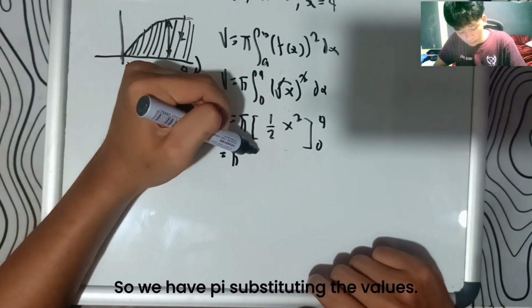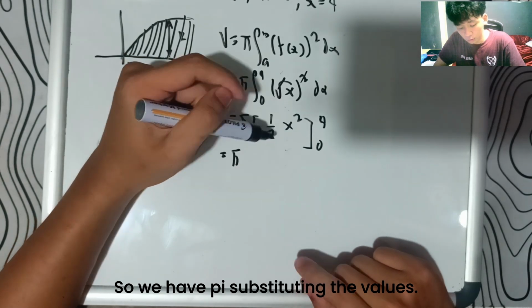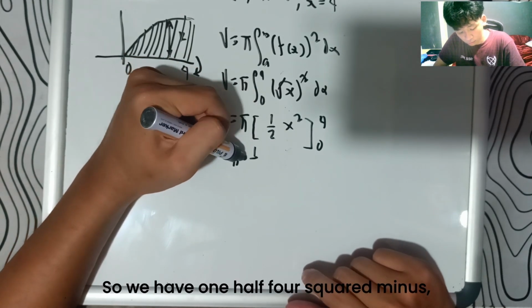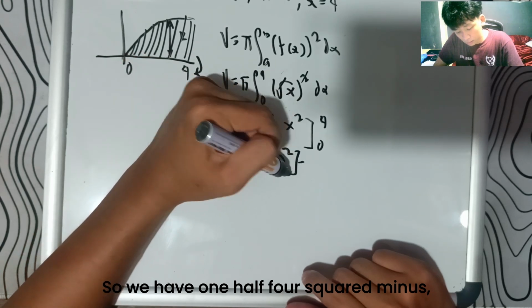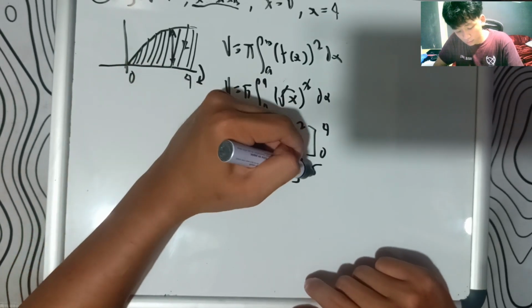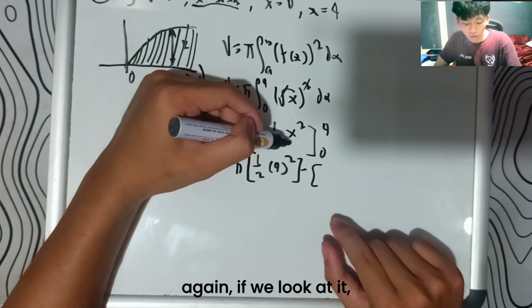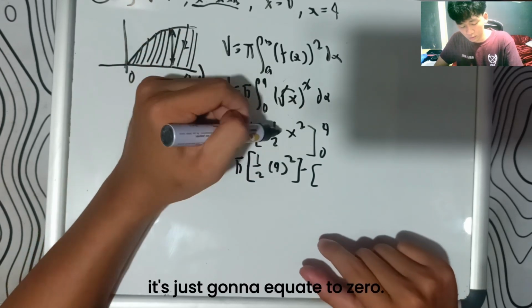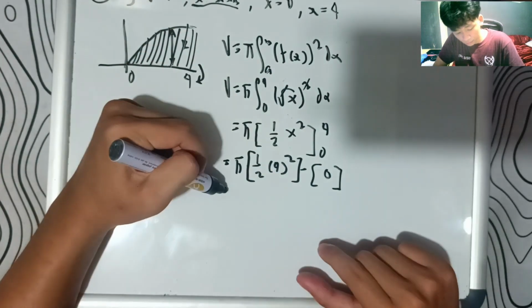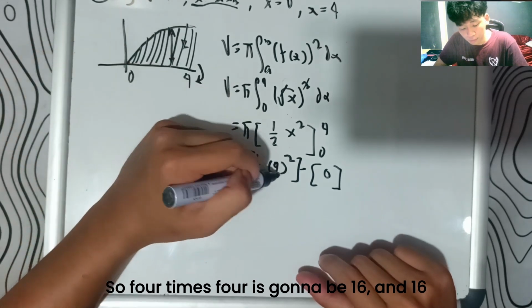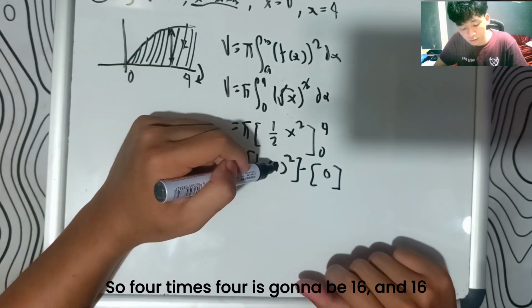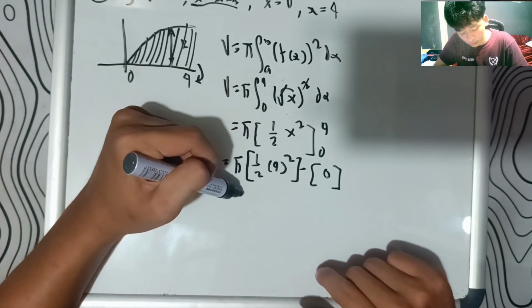So we have pi, substituting the values, 1/2 times 4 squared minus, again, if we replace this with 0, it's just going to equate to 0. So 4 times 4 is 16, and 16 times 1/2 is going to be 8.